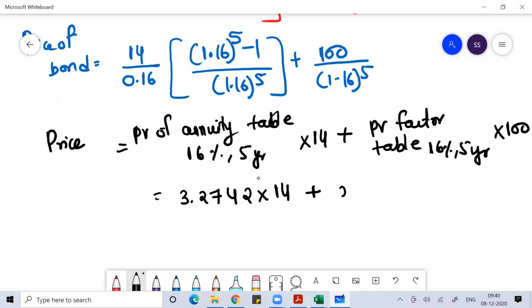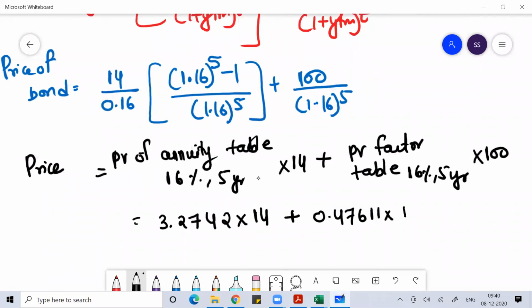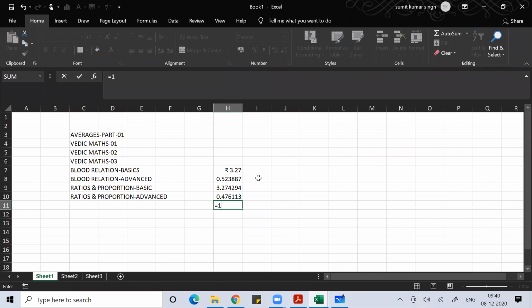So 0.47611 into 100, and that would be your price. You can find your price very easily.